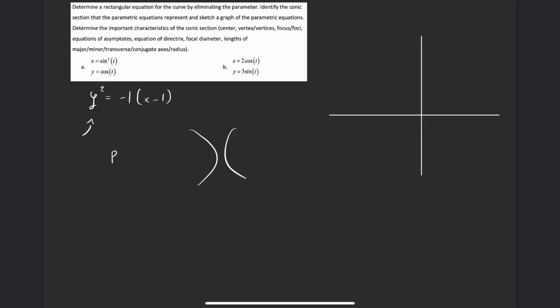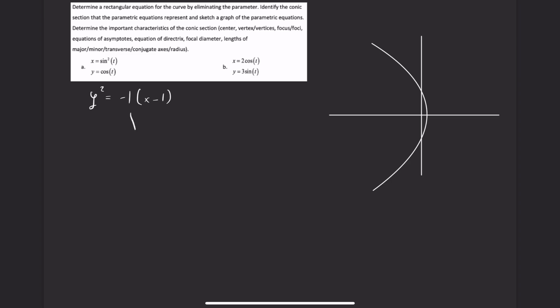So we know that if p is less than 0, it will open left. Now if p was greater than 0, well, not a negative, it will open to the right. Okay, so with this information, we know that our parabola will open this way.